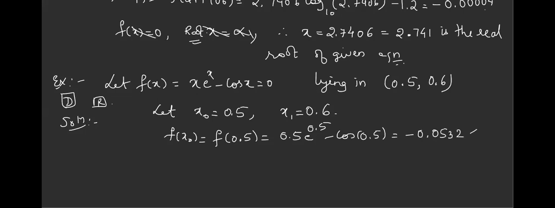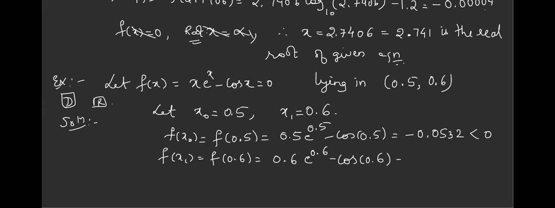It is negative. Similarly, find f of x1, which is f of 0.6. In the given equation, replace x by 0.6. Tell me this answer. 100% this has to be positive, because it is given in the question, the interval. 0.26.